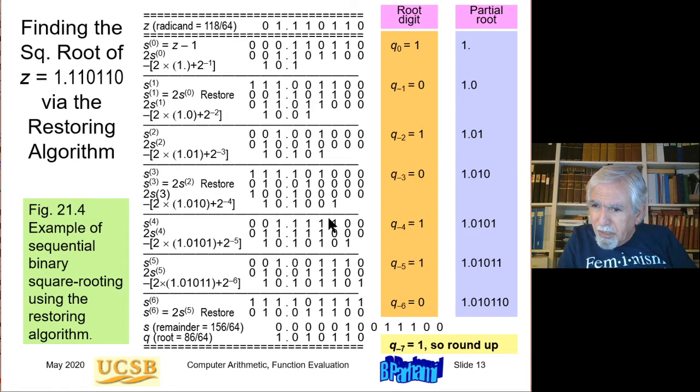In other words, here if I continued the digit q minus 7, which is basically, this is my q minus 7, the next here will be 1. Because it's 1, I round up. If it turned out to be 0, I would just discard it, truncate, okay? So just one extra digit of the root will allow me to properly round the root to something that is as close as possible to the exact root.